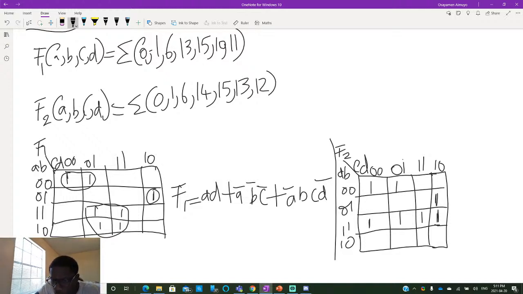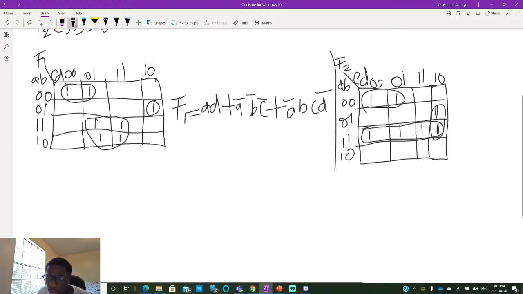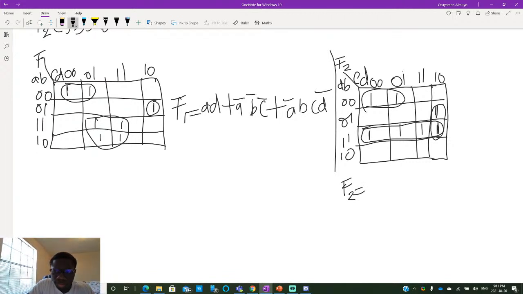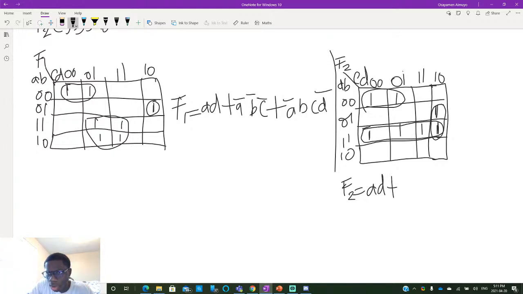Okay. So again, just the basic K-map simplification here. You can go with these two as well, and then these two as well. And so F2 becomes AD or BC, correct? Yes.